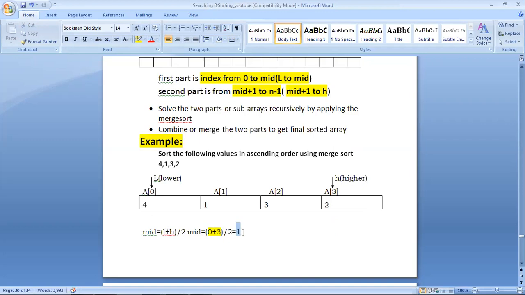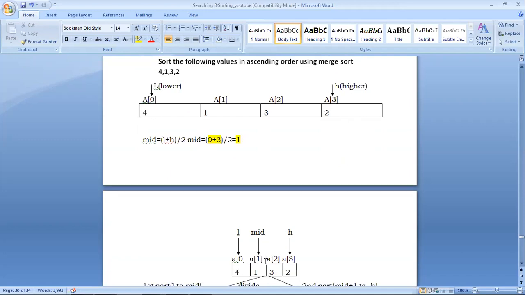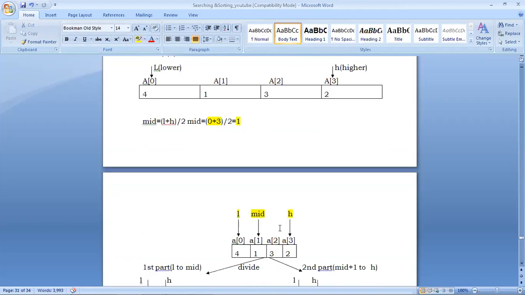We have to take the floor value of the division operation, that is 1. So the mid index is now 1 here. The array values are 4, 1, 3, 2. L value is 0, H value is 3, and the calculated mid index value is 1.